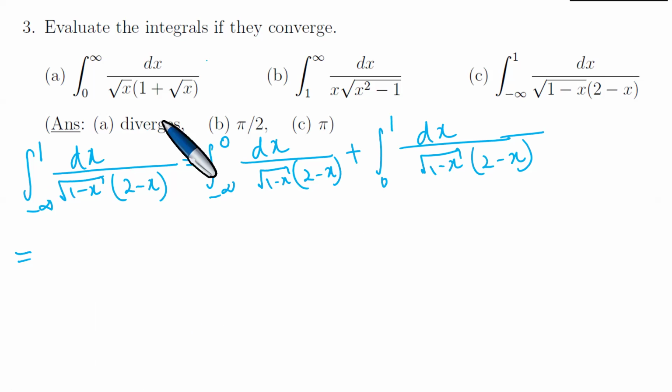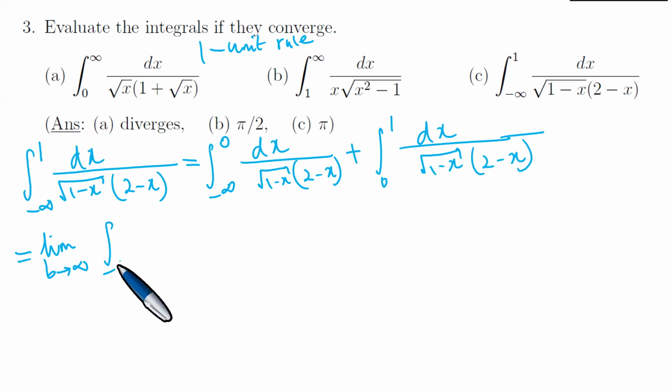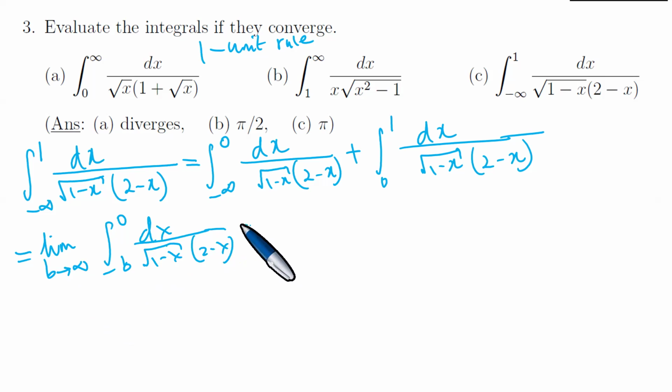So using the 1 unit rule to separate this integral, to break it into pieces, meaning you have the limit as b approaches infinity, with minus b to 0 dx over square root of 1 minus x, 2 minus x.